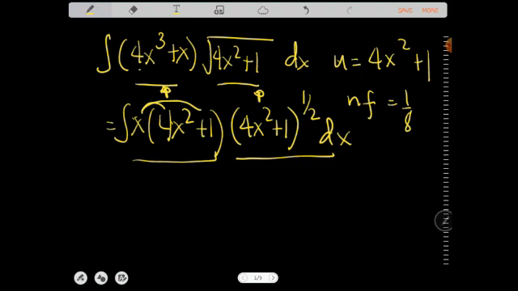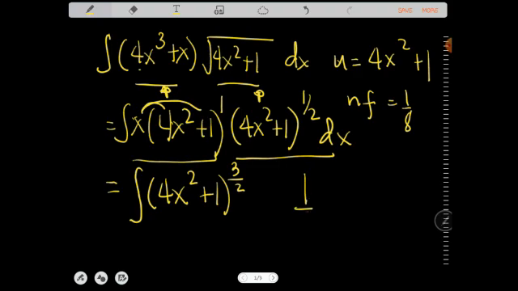So in this case, this should be equal to the integral of the quantity 4x squared plus 1 raised to 3/2. Okay? Bakit siya naging 3/2? Kasi itong isa meron ka ng 1/2 and ito meron itong isa. Diba? So kapag kinombine natin to dahil ito ay similar terms. Okay? So pag nakombine natin yan, yung 1/2 plus 1, di ba yung 1 natin is 2/2 kasi fraction yan. So this should be 2/2, equal to 3/2.